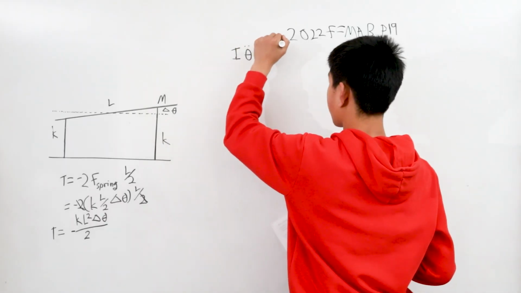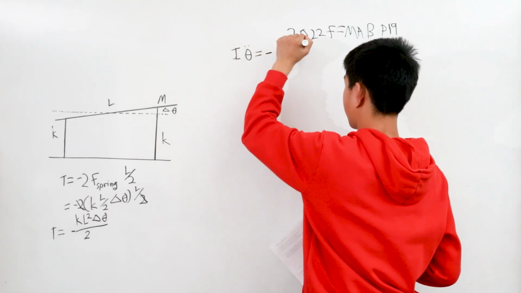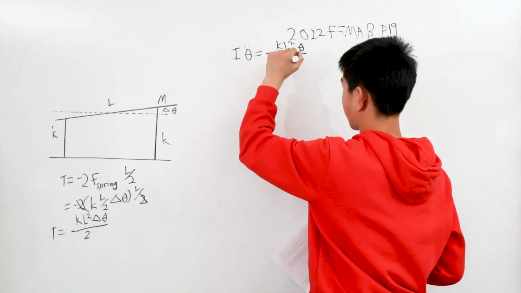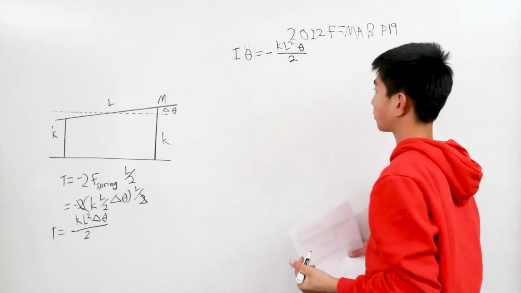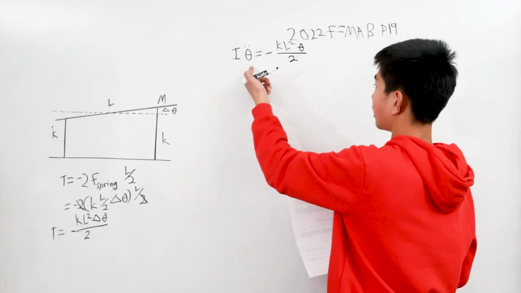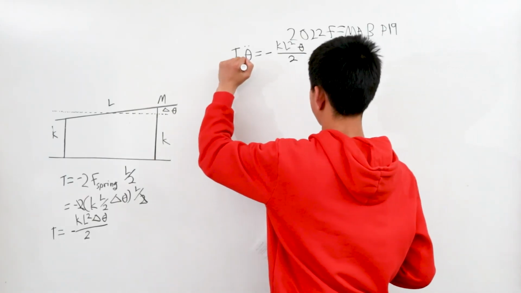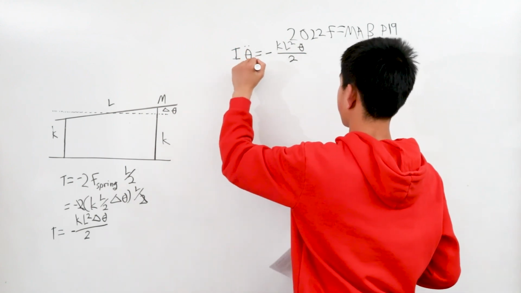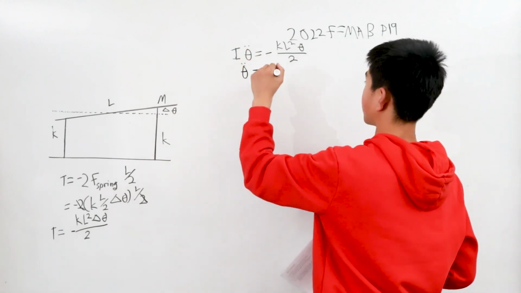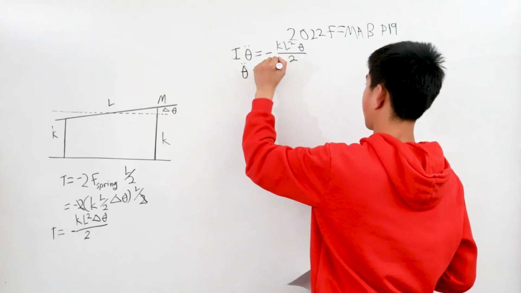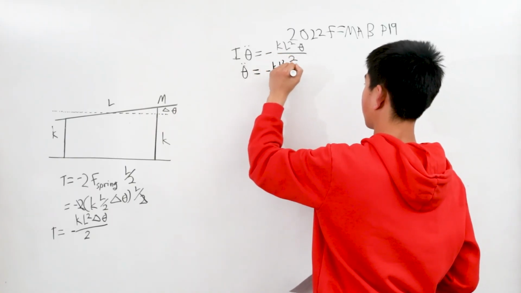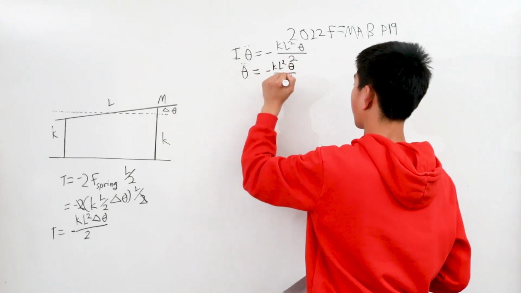Negative KL squared theta, divided by 2. To isolate the angular acceleration, we divide both sides by I, giving KL squared theta over 2I.